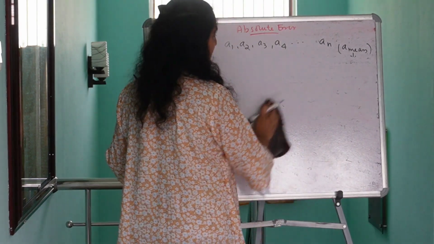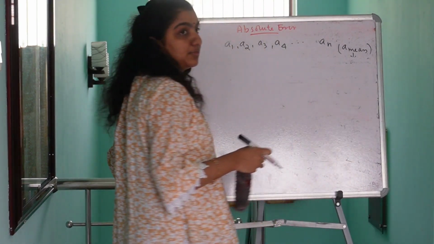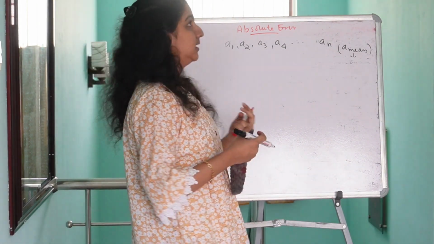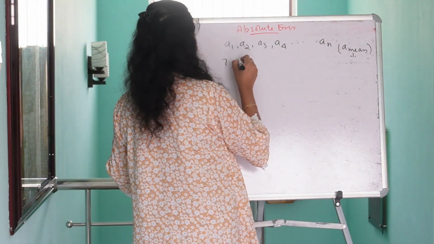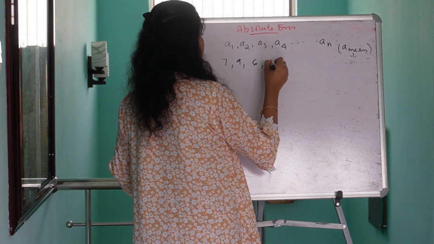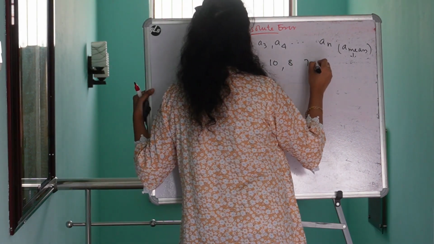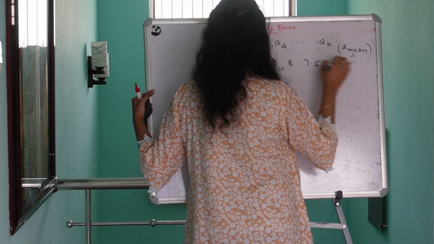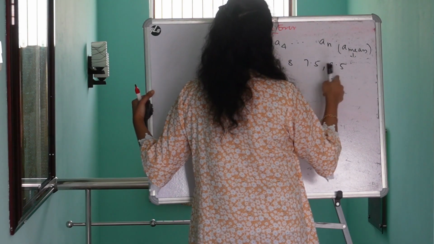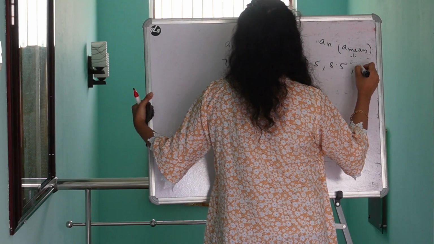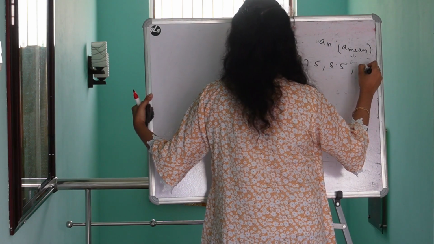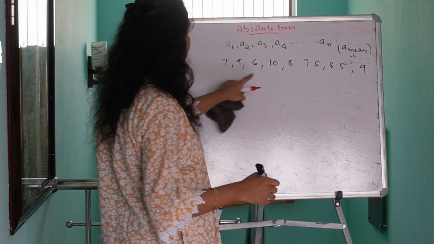So I measured the length of this particular room some 7 to 8 times, and I got values as 7, 9, 6, 10, 8, 7.5, 8.5, and one more value, let it be 9 again. Yes. Here we have 8 values.